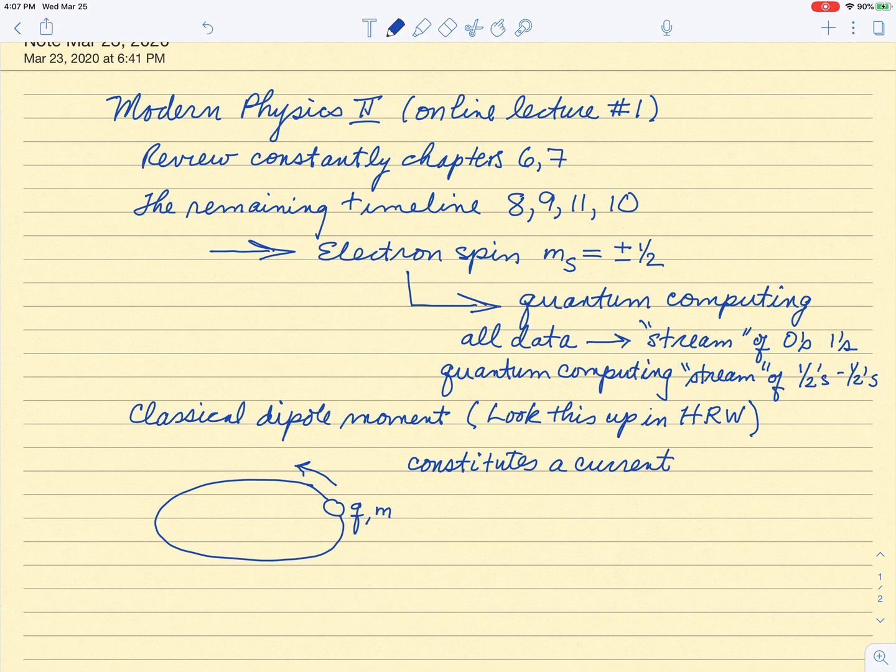And by virtue of that, that current is going to generate a magnetic field.